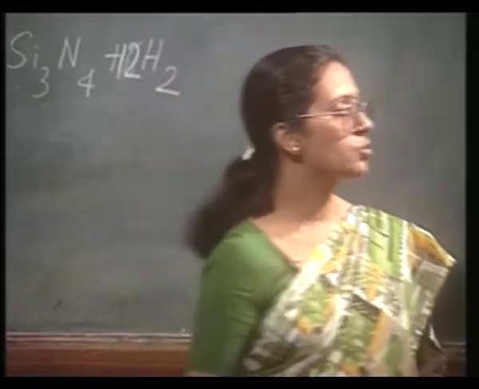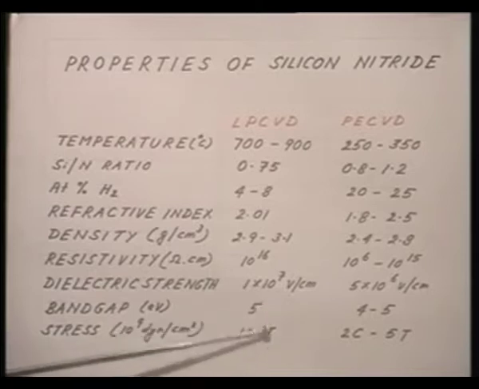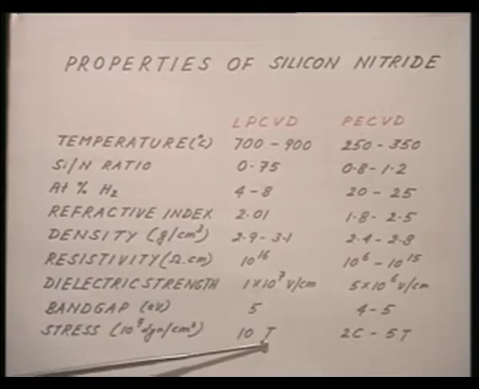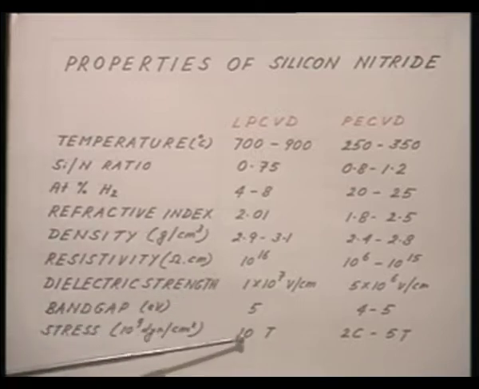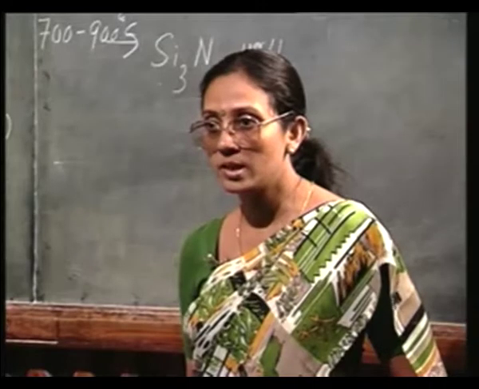So, stress is usually measured either it is tensile or it is compressive. If you have LPCVD deposition, then the stress is tensile stress, T, tensile, and the amount is 10 into 10^9 dynes per centimeter square, whereas in case of PCVD, depending on the composition, it can vary from compressive to tensile, 2C to 5T.